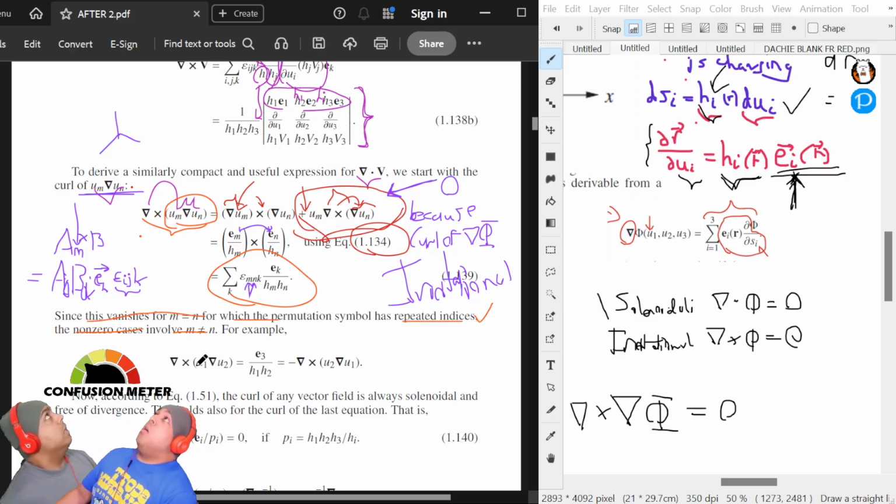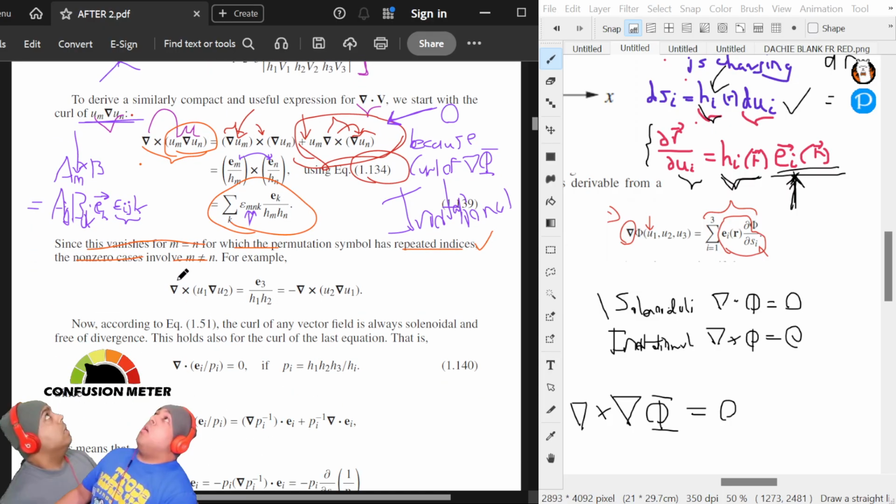For example, this. For example, this case where this is the result. Why is this not summed up against M and K?